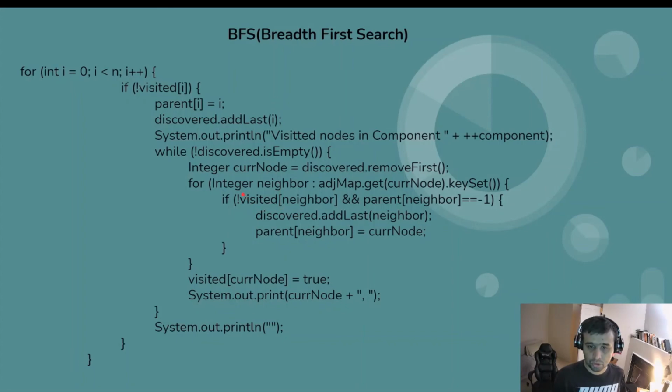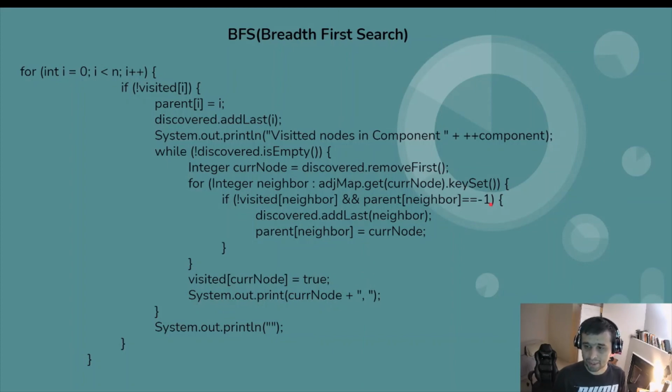To make sure it is not visited, we will check the visited array, and to make sure it is not discovered, we will check the parent node. If the parent of that particular node is -1, that means it is not discovered until now.